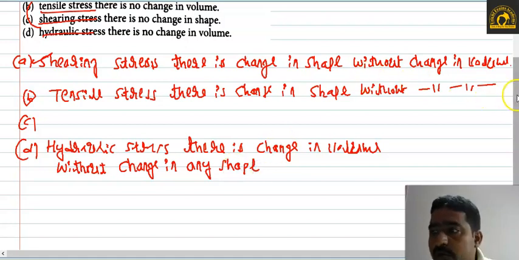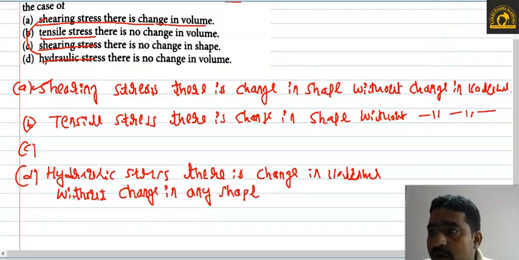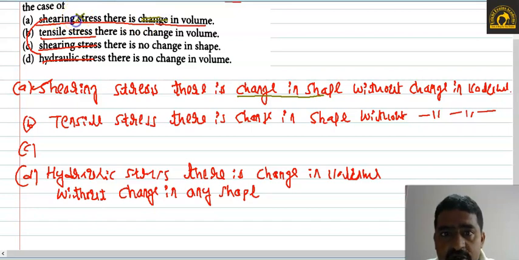Now you have to find out which answer is right. Shearing stress, there is a change in volume? Volume does not change, so this option is incorrect. Tensile stress, there is no change in volume?